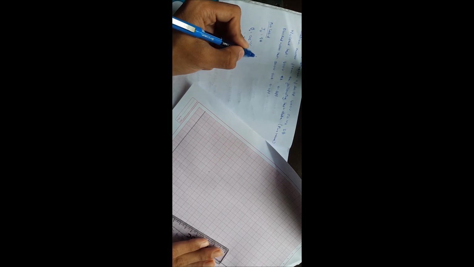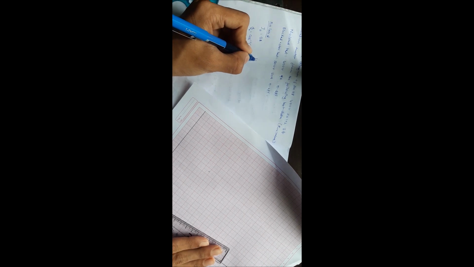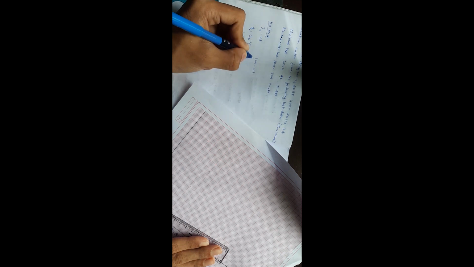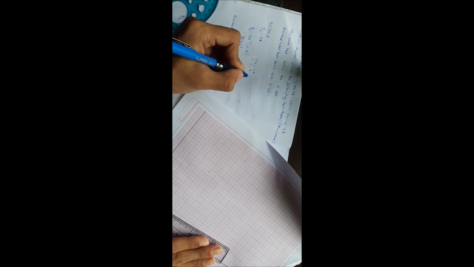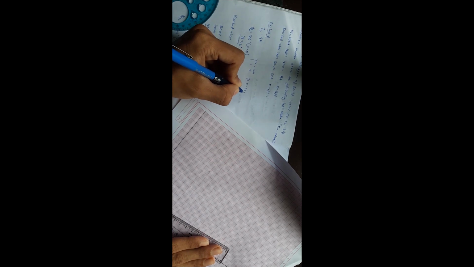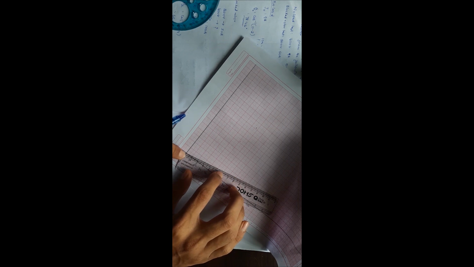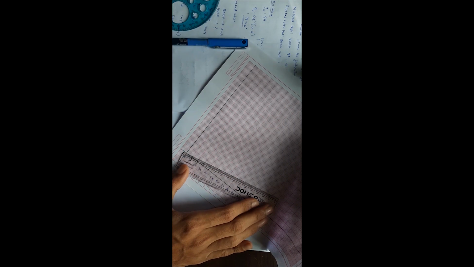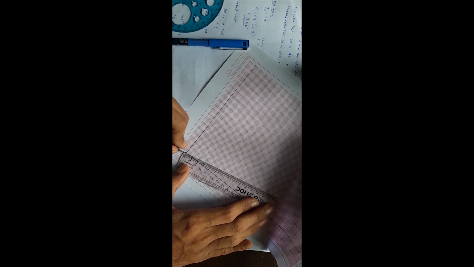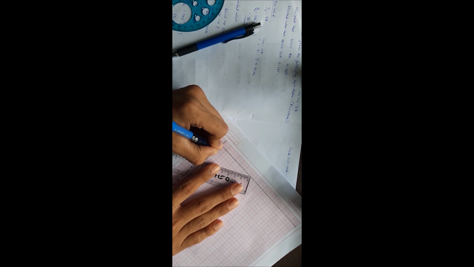Converting to the centimeter scale, if 1 centimeter is equal to 10 amps, then 9 amps is 0.9 centimeter. Keeping the 0 of the scale at O and the line passing through the point we marked, draw a line of 0.9 centimeter. So this point is our O dash.